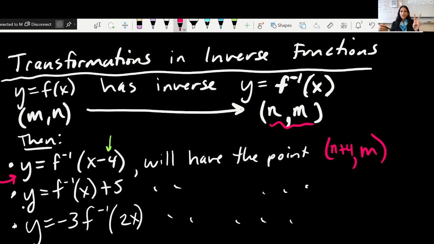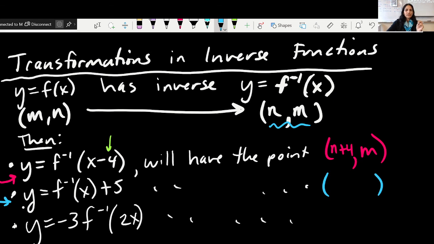That one new step is that we swap the x and the y, and then we do the transformation part. So for this next one, my new point is going to be, well, what's my new x value? For this one here, does anything affect the x values there? Nope. So what is my new x value?